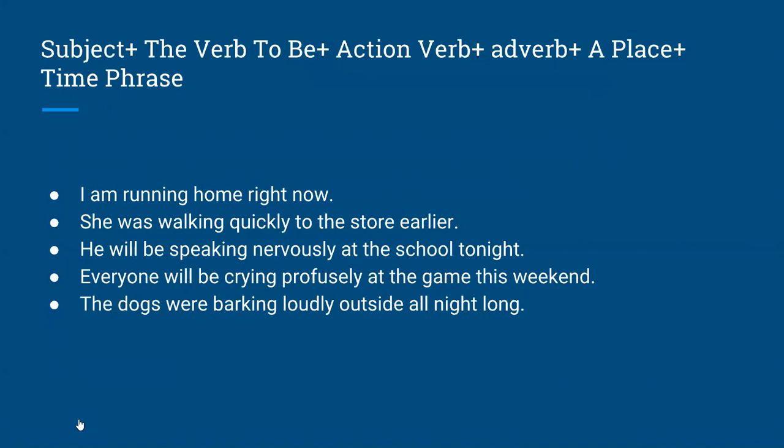She was walking quickly to the store earlier. So she is my subject, was is the verb to be, walking is my action verb, quickly is my adverb, to the store is my place, earlier is my time phrase. So our adverb is going to go right after our verb.